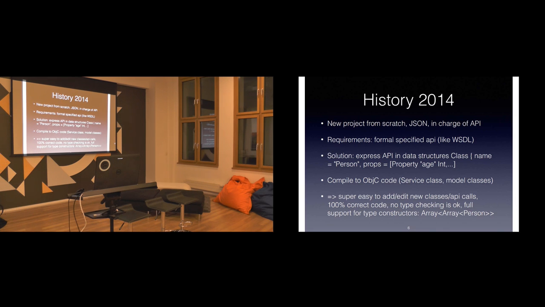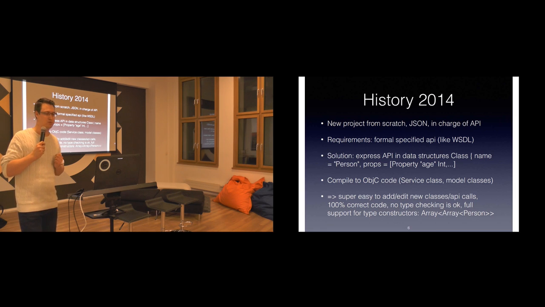On the server side, we didn't do this yet, but actually having this precise definition already meant for the server developer, he knew exactly what to implement, so there were only a few mismatches sometimes, but very, very rarely. And for us, it meant if we add a new service method, or modify some data type, it's just a modification of a few lines in the specification, export the code, and everything works 100%. So this was really good.